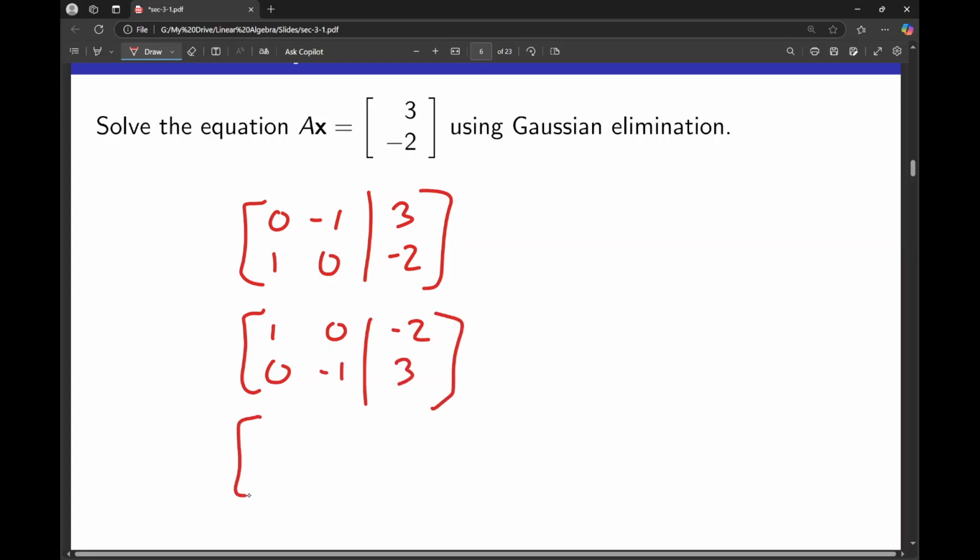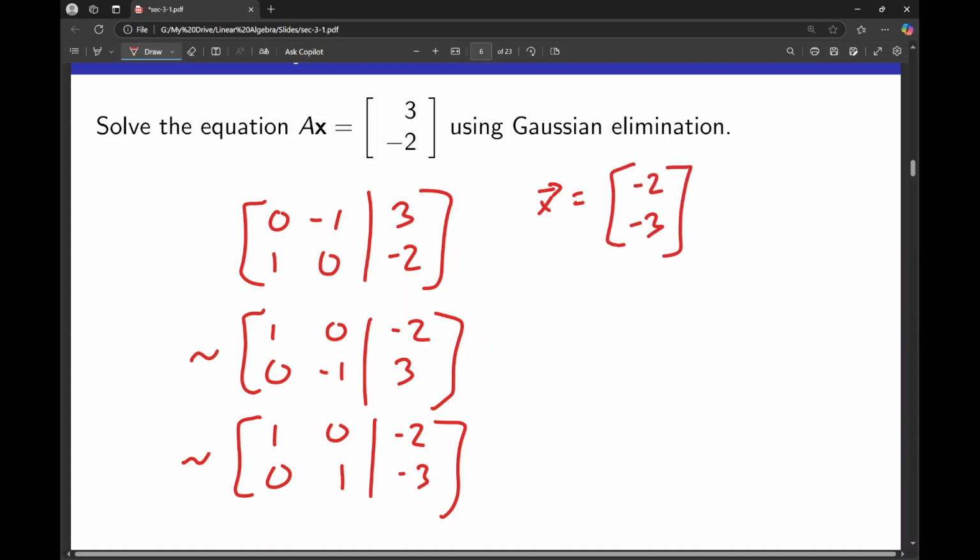And then you make the second row negative. So 1, 0, -2, 0, 1, -3. And so that means that x equals -2, -3. Okay?